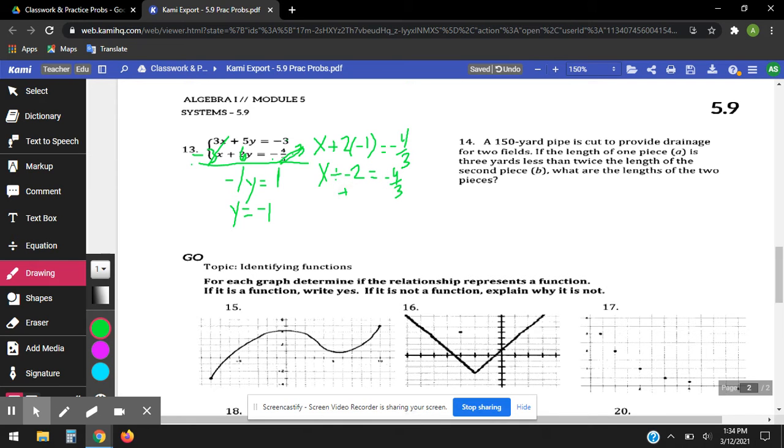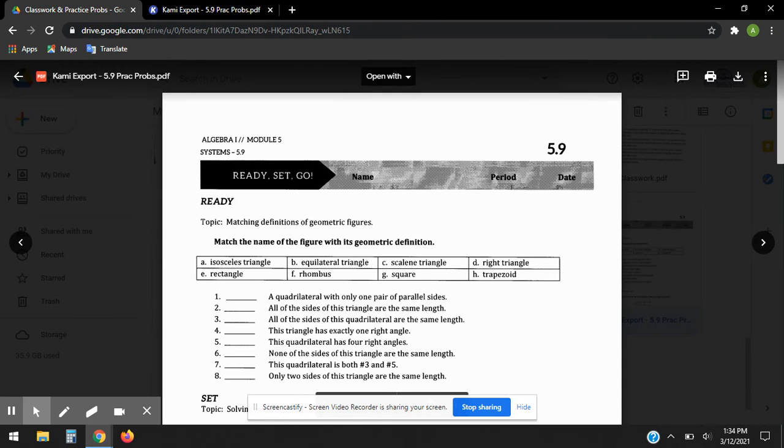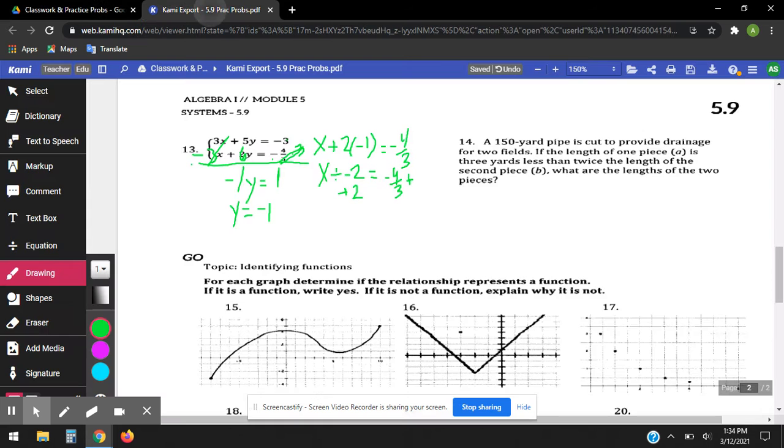So if I add 2 to the side, 2 in terms of 3, so 3 over 3 would be 1. So 6 over 3 would be 2.